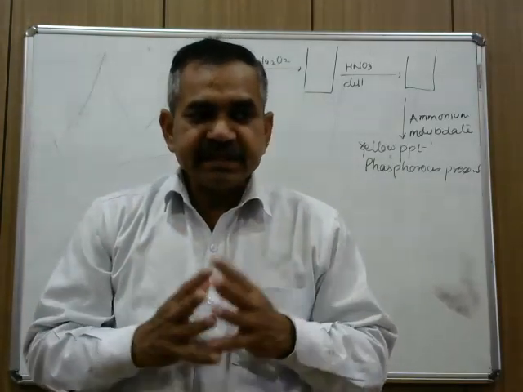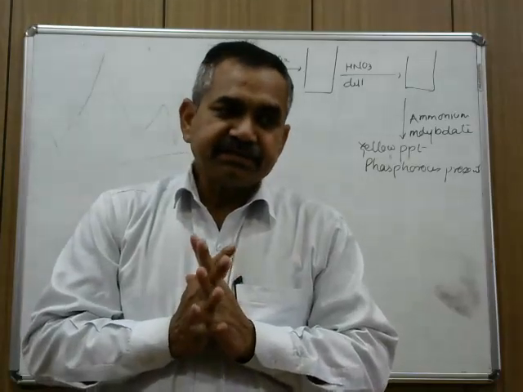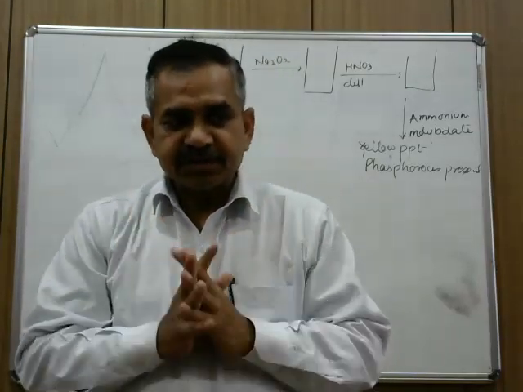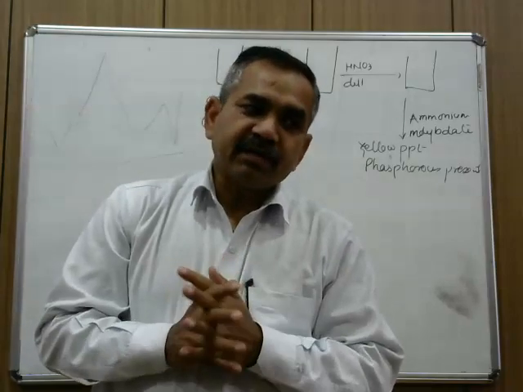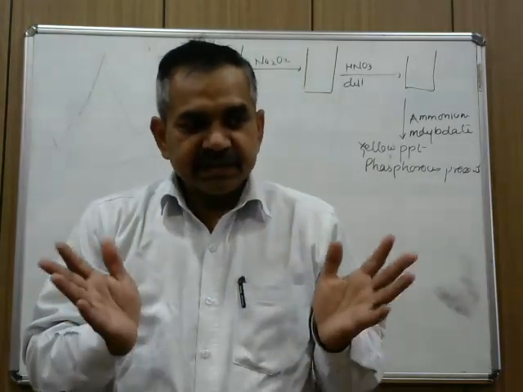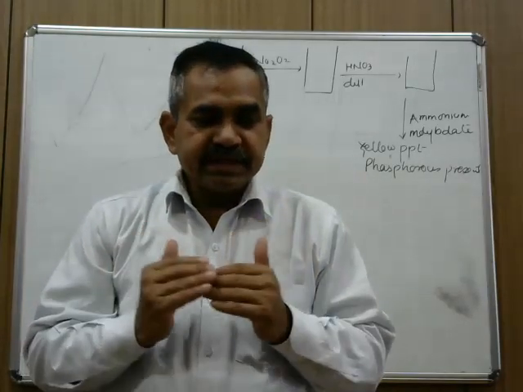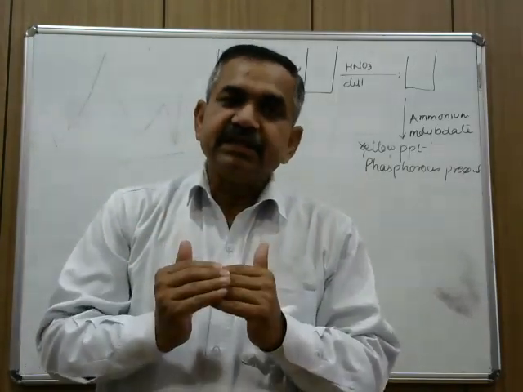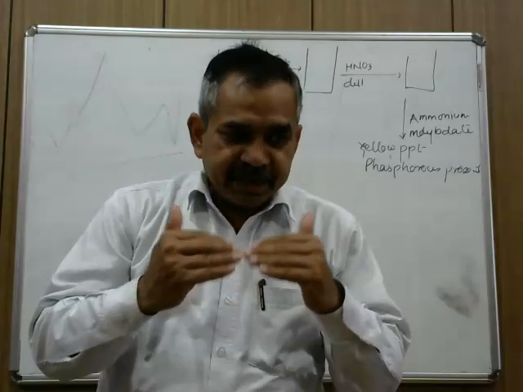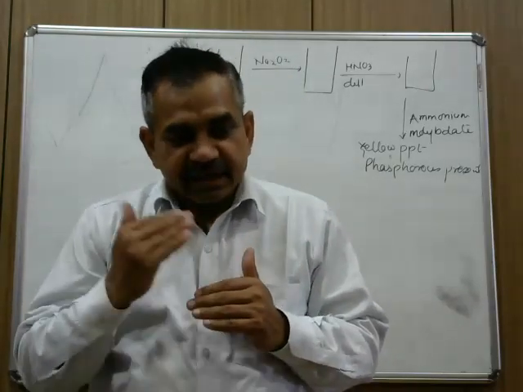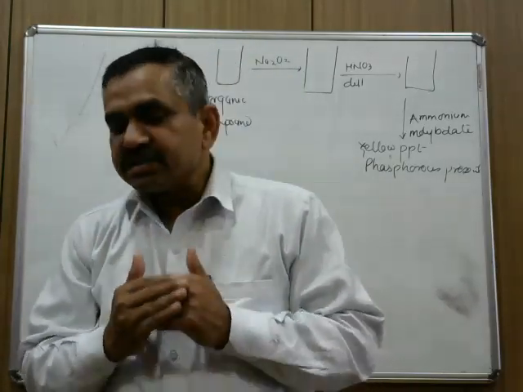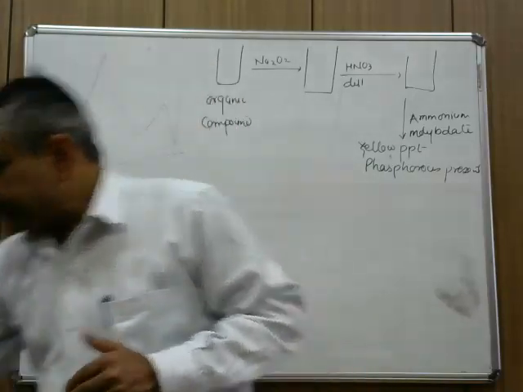First we will see the detection of carbon and hydrogen, how the amount of carbon and hydrogen present in an organic compound is determined. To understand this process, first I tell you the experimentation part, and secondly I will tell you the calculations involved. So let us learn.